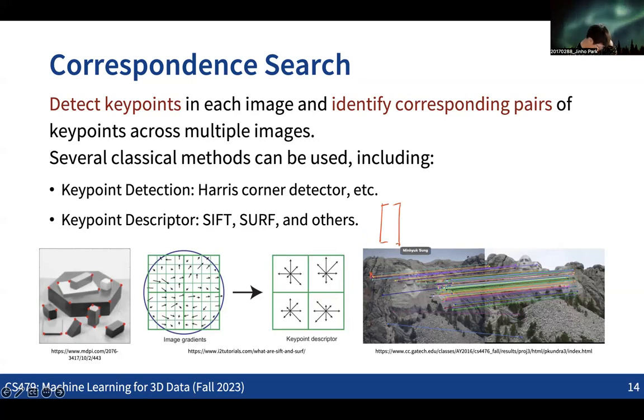Then we can find the correspondence across the key points by finding the points that minimize the difference in the features, right? This is a very conventional thing. If you take the computer vision course, you get this very basic idea.